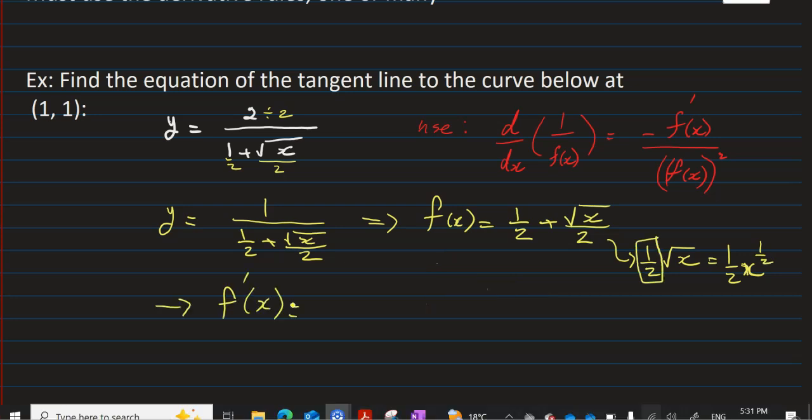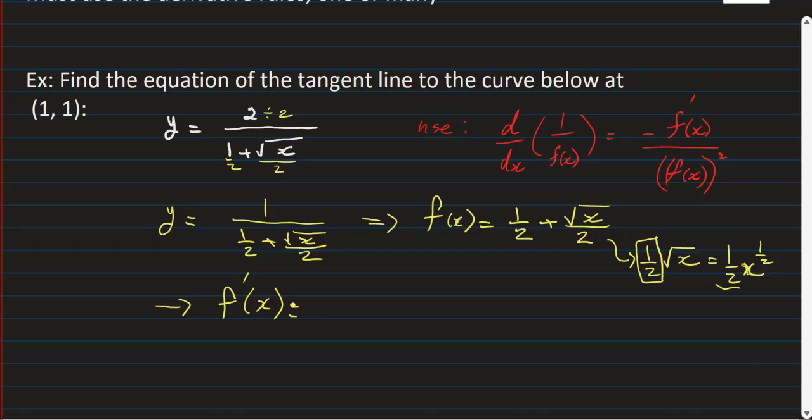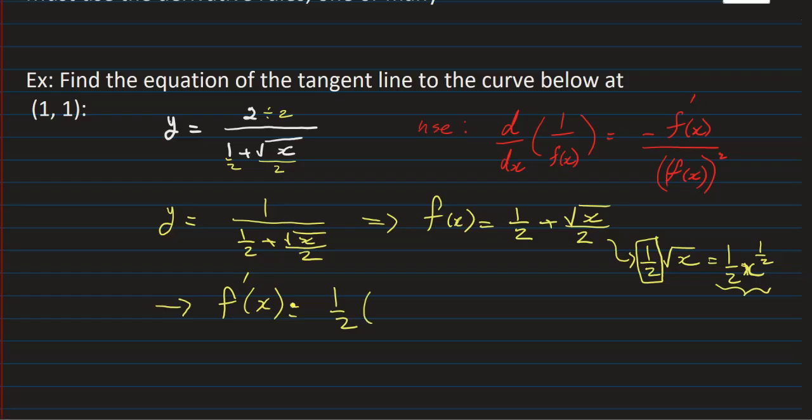f prime of x is equal to, so we're going to take the derivative of that. The 1/2 stays on its own. We're going to bring the 1/2 exponent to the front according to the rules of derivatives, that's 1/2 times x to the 1/2 minus 1. Simplifying, that becomes a quarter times x to the negative 1/2, and x to the negative 1/2 is 1 over square root of x.